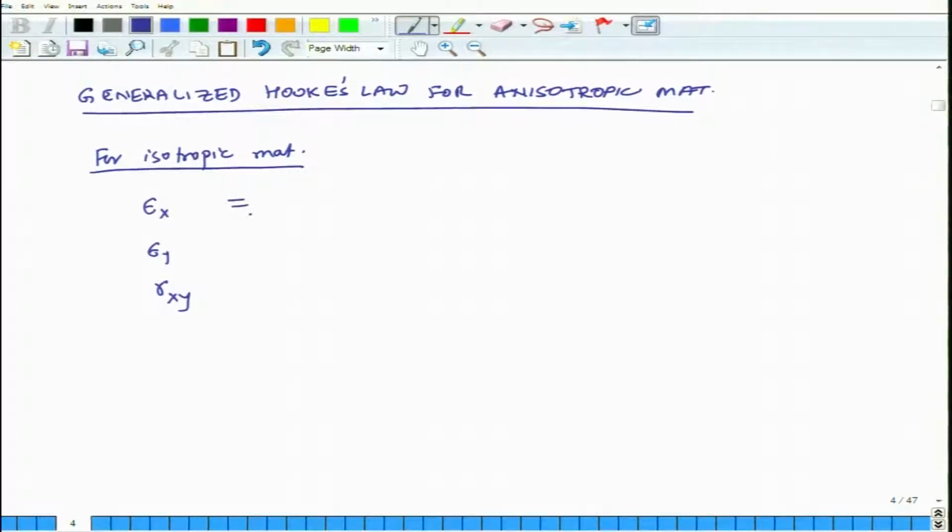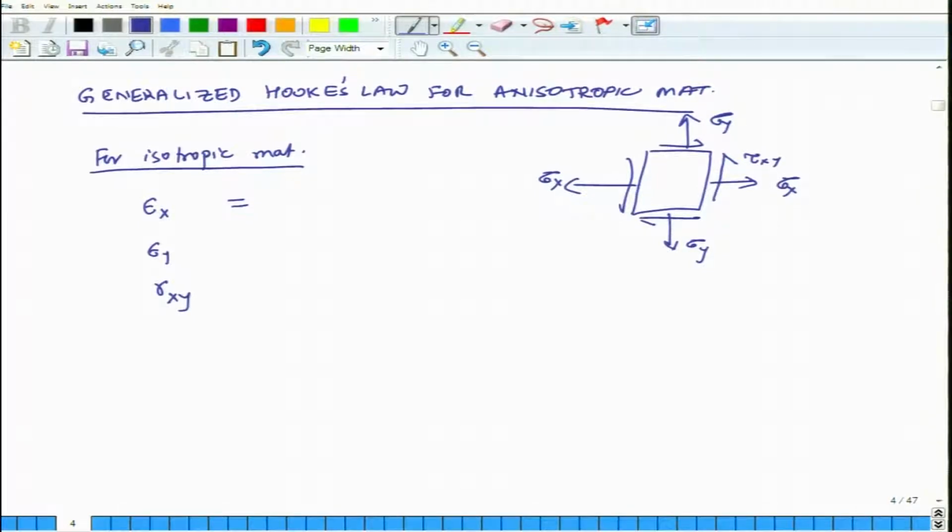So, epsilon x, suppose there is a material and I am pulling it, and there is also a shear stress. Okay.